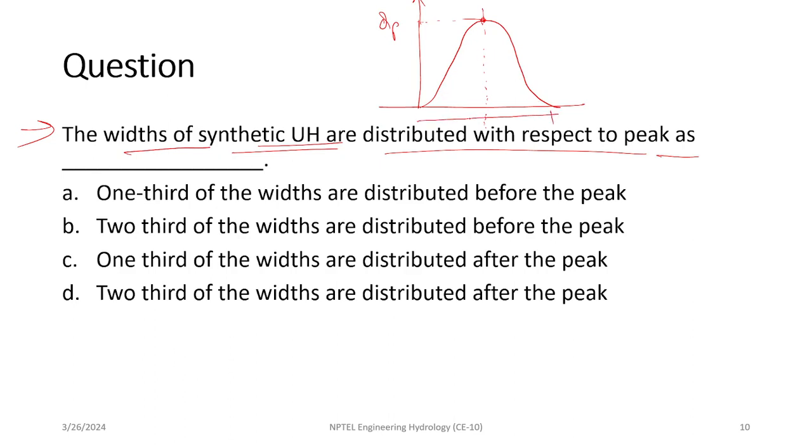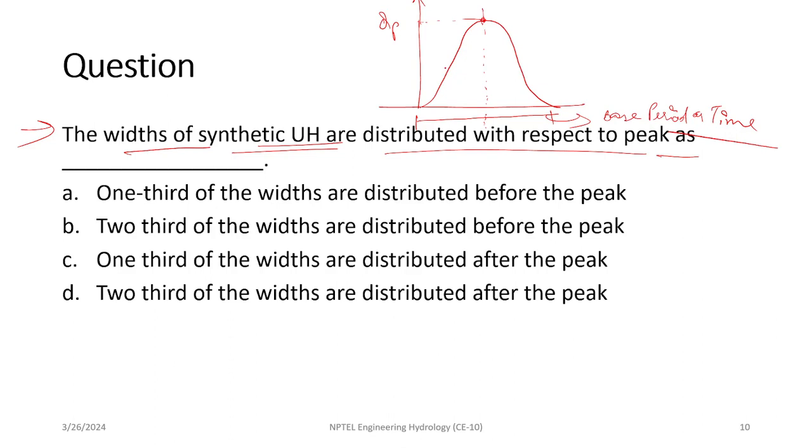It will have a certain kind of width, but this is the maximum width, and we used to call this width what? Time base. Yes. Base period. Base time or base period. So this is the maximum value.